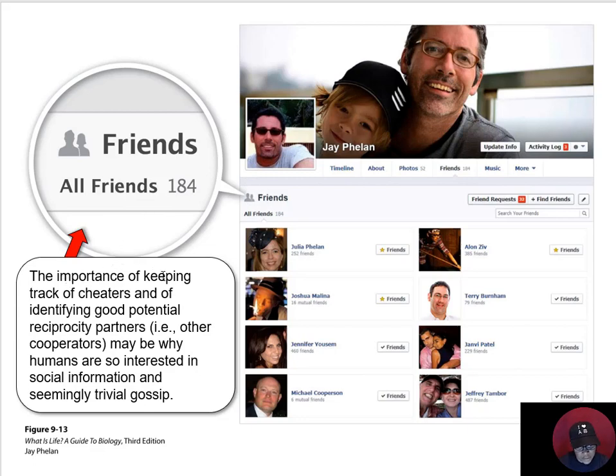And this importance of record keeping, keeping track of cheaters and identifying good potential reciprocity partners, i.e. other cooperators, maybe why humans are so interested in social information and seemingly trivial gossip, why we want to keep going back to social media to see who's there, what is everyone saying, are people giving me likes. This is why we're so motivated by that, right? This concept of reciprocal altruism, right?